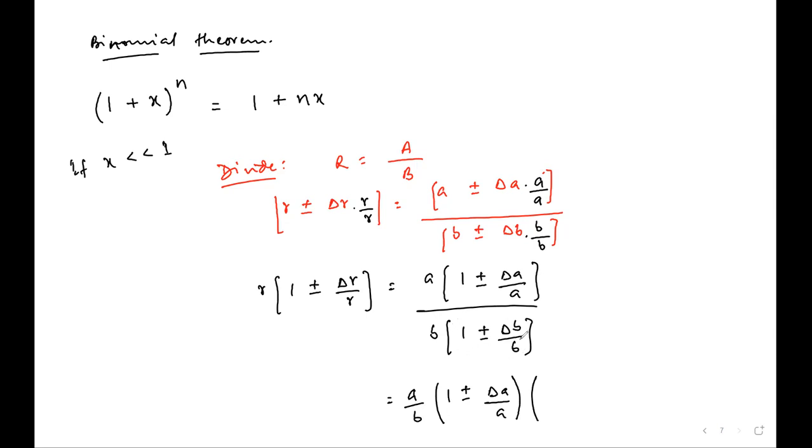And since this part is in the denominator, which has exponent as 1, on moving this term to the numerator, its exponent would become minus 1. Is it clear?